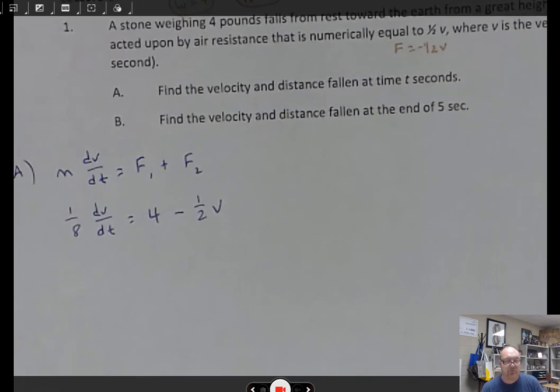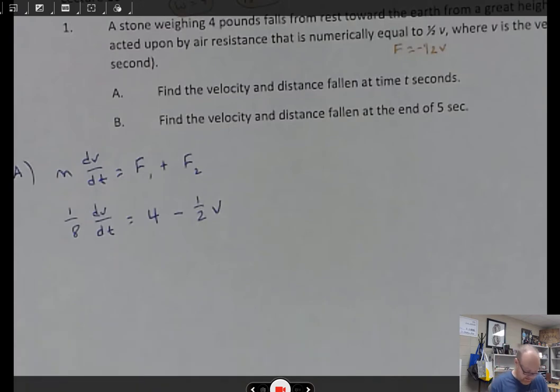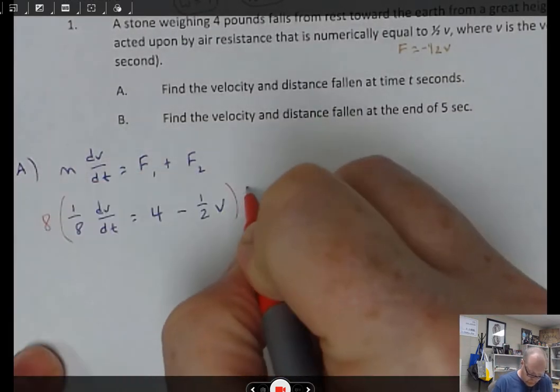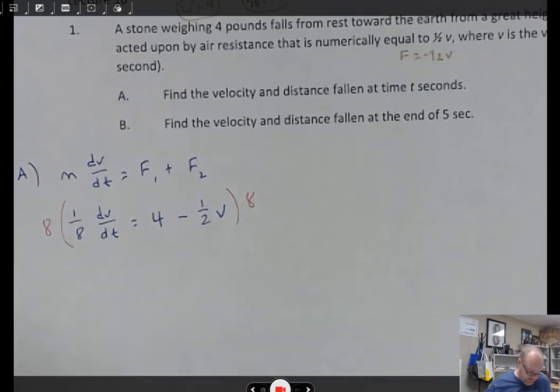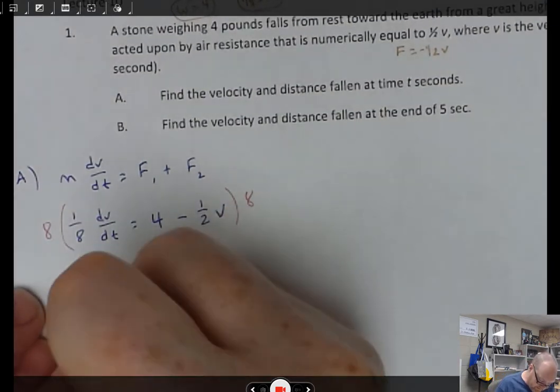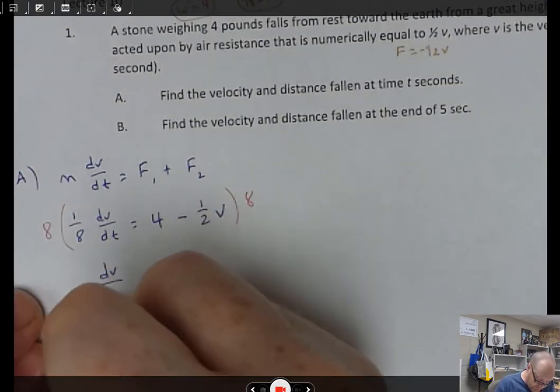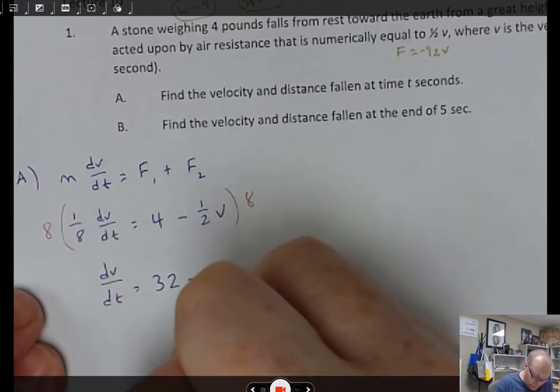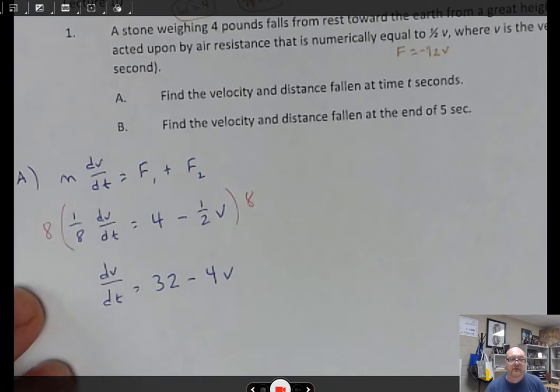And let's see, I think I'll multiply through by 8. And, just thinking ahead, it may be linear. So I'm left with 32 minus 4v. So it is a linear function, and you're welcome to solve it using that technique.